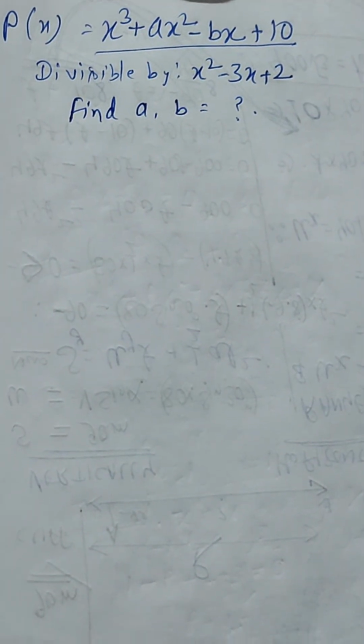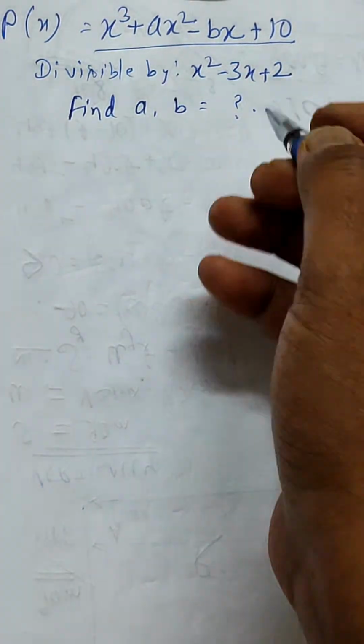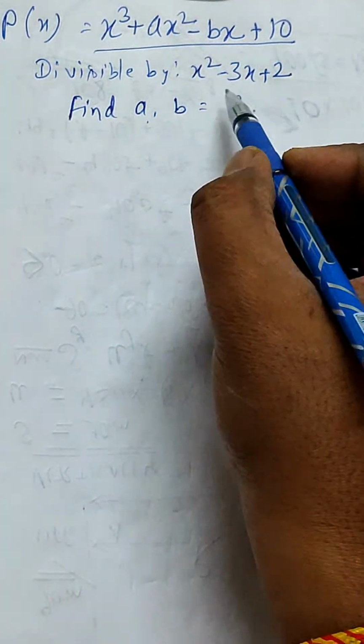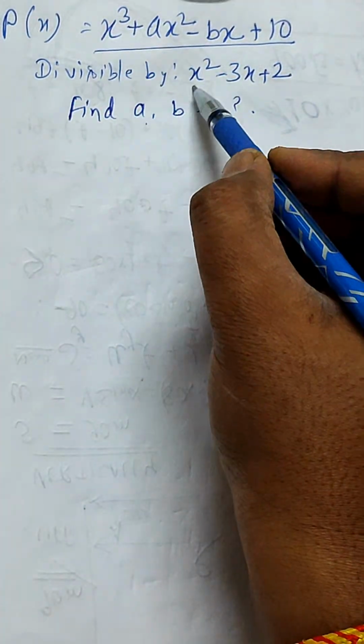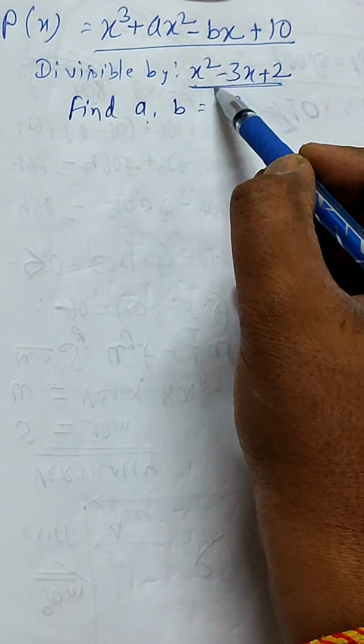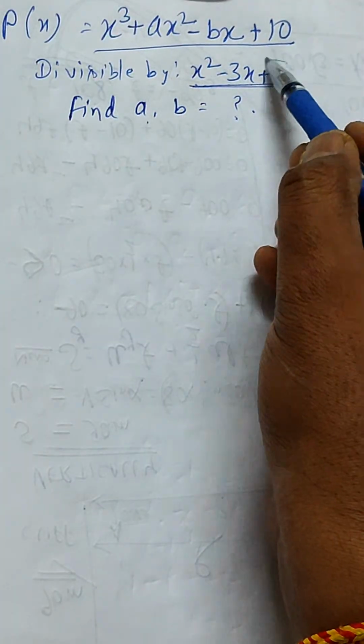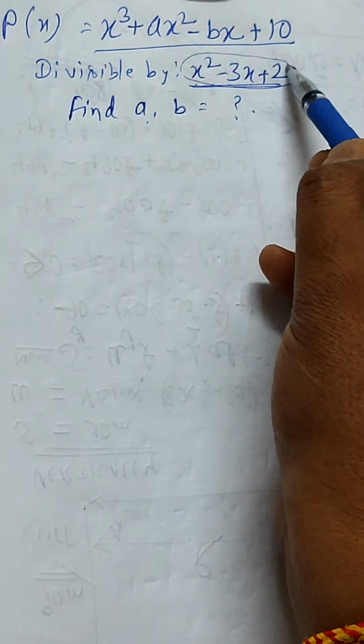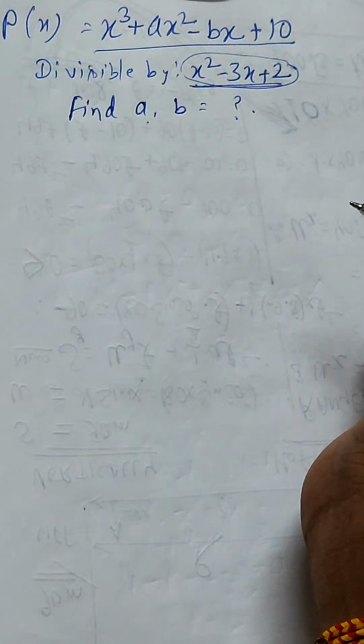Okay, so let us solve it. Here you can see the polynomial is divisible by x square minus 3x plus 2. That means x square minus 3x plus 2 is a factor of the given polynomial, right?